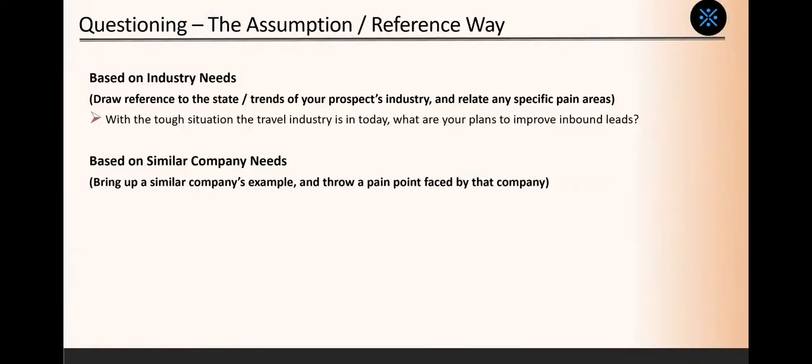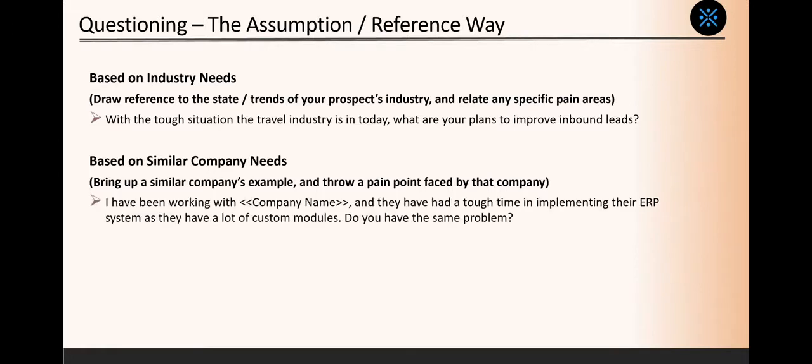So the second one is based on similar company needs, right? This is about how you bring up an example of a company similar to your prospect, and throw a pain point faced by that company.